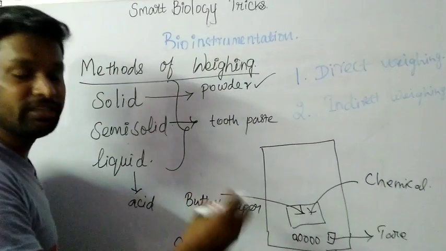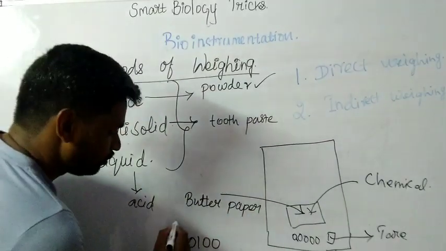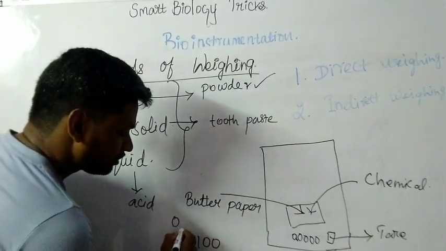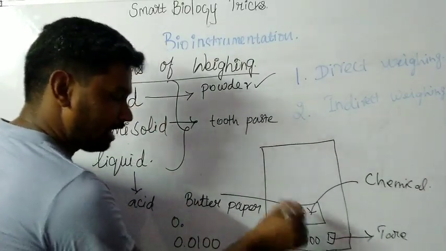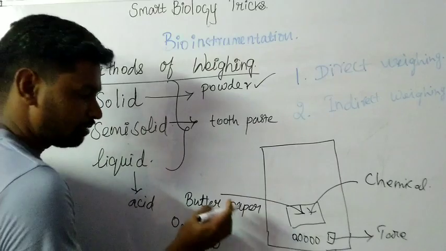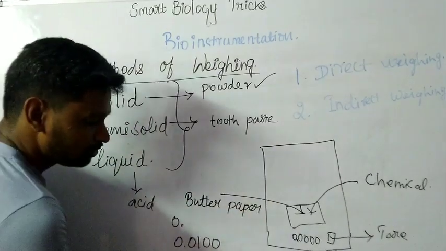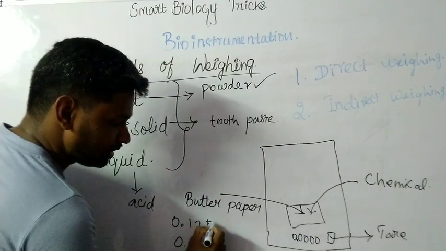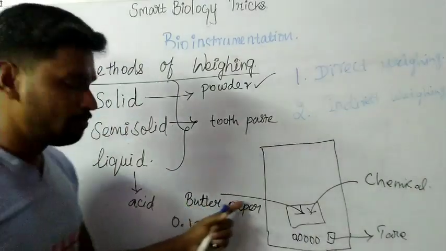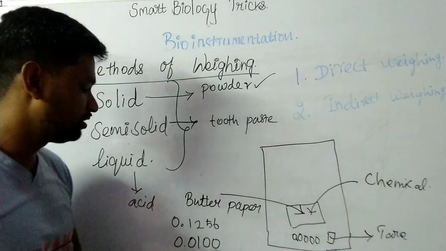Then you have to subtract the measurement of the object from the measurement of the chemical. The measurement with the chemical is 0.1256 and the measurement of the butter sheet is 0.0100.